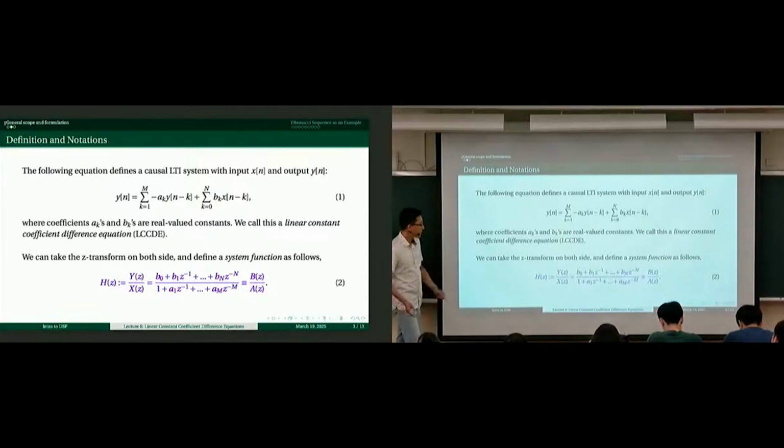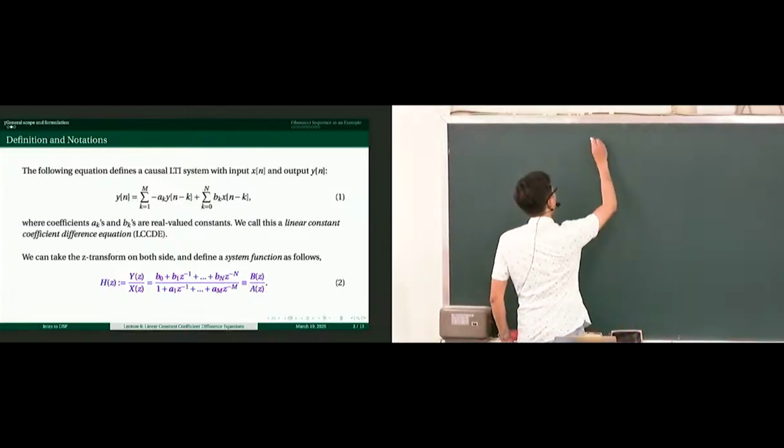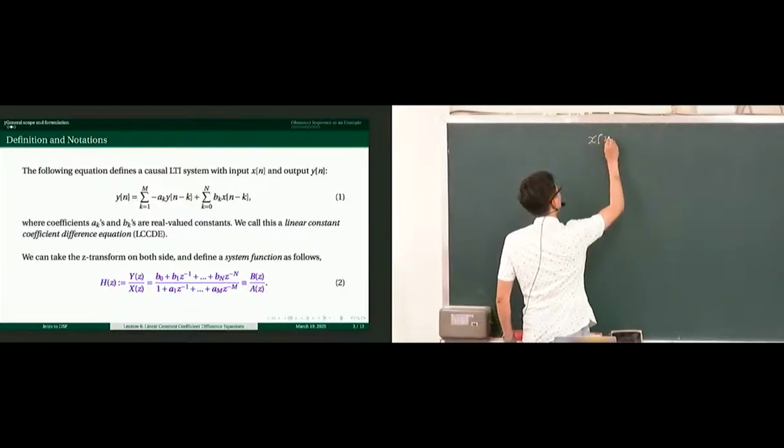Then y should become big Y, x becomes big X. We also apply a simple property about delay: if x[n] corresponds to big X of z, then x[n minus 1], a signal obtained by shifting to the right by one sample, has a Z transform that is rather simple to check, with an extra factor multiplied by big X. Applying this property to both sides, here we have the delay by k samples, k equals 1 to big M.